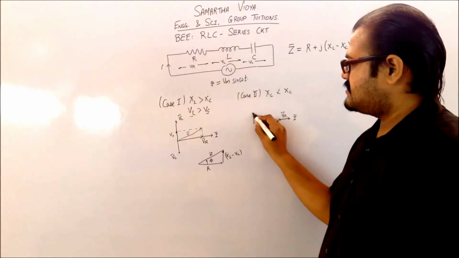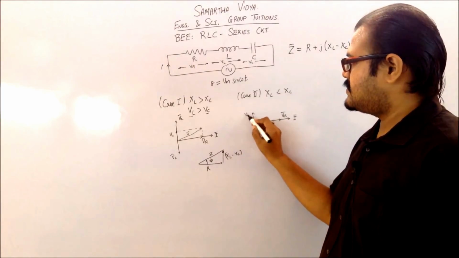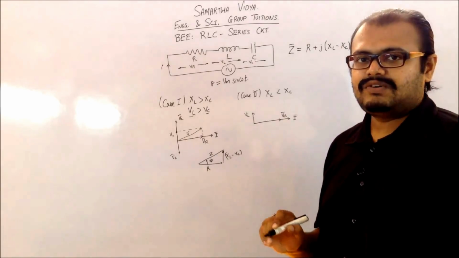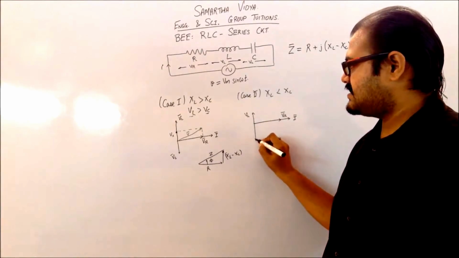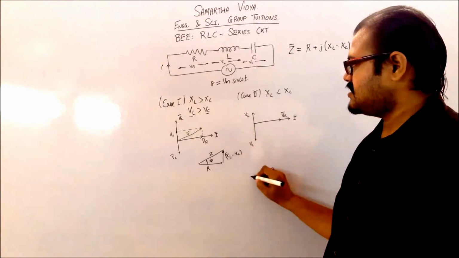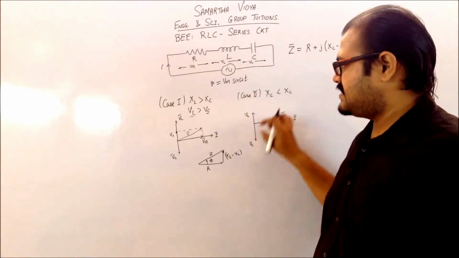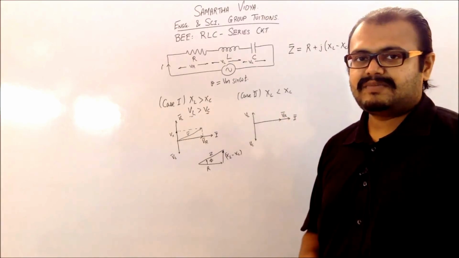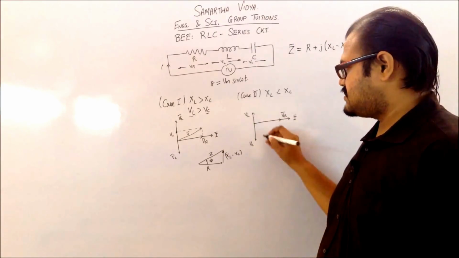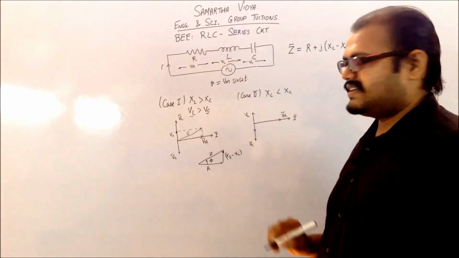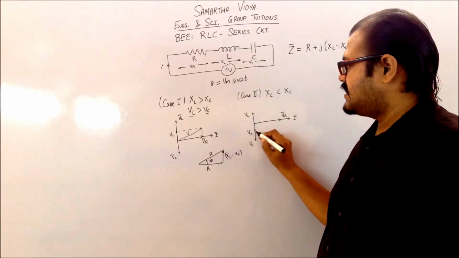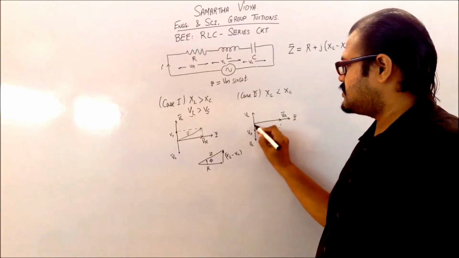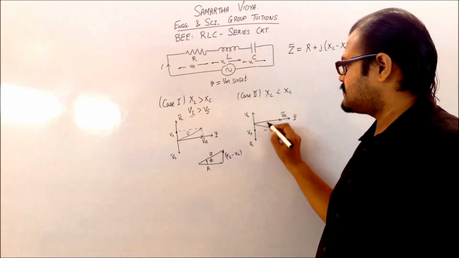Then there will be a VL which is going to be leading the current, and my VC which is going to be lagging the current. Now it's the opposite way, this VL is going to be lesser than VC, so that is why the net effect will be downwards, which is going to be given by VX. This resultant, if we draw it, we are going to get it in this way.